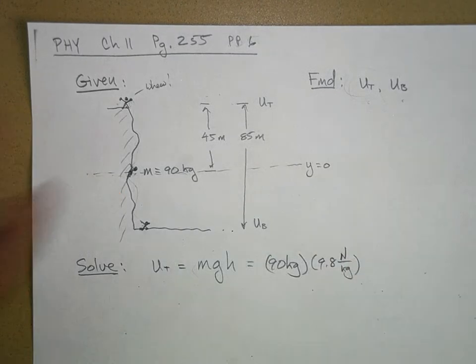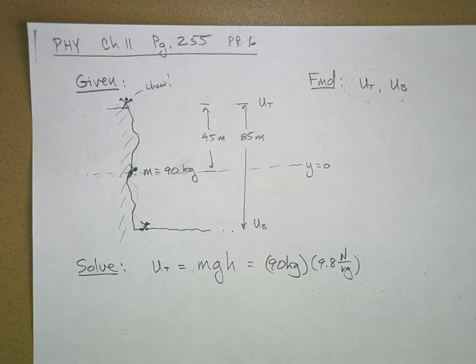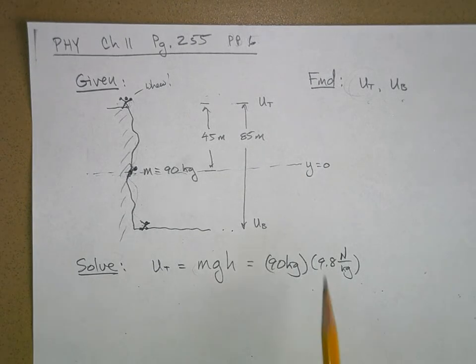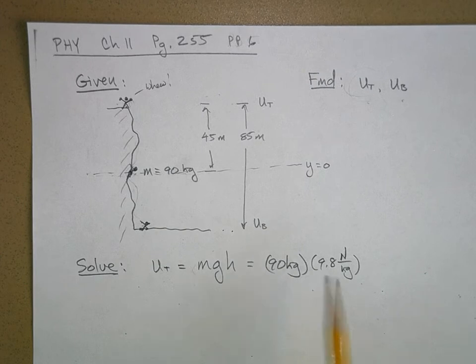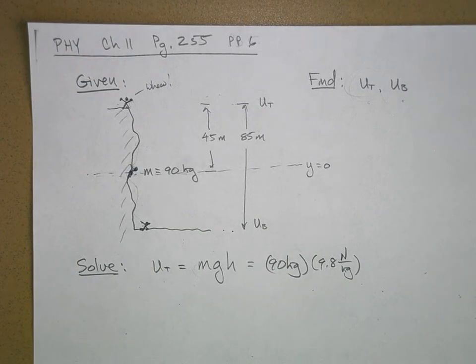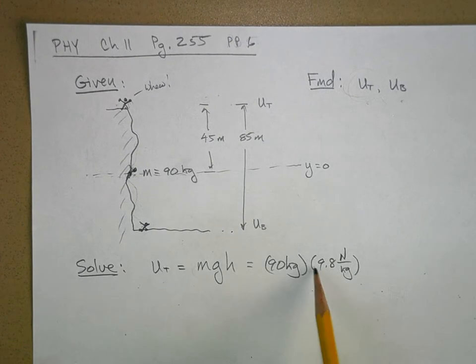Now, here's what somebody did. She put a negative right here in the 9.8 because they think, okay, gravity is down. But remember, when you're calculating work, you want the magnitude of the force times the magnitude of the displacement times the cosine of the angle between them. And so you don't really need to make this negative here. This is just m times g.